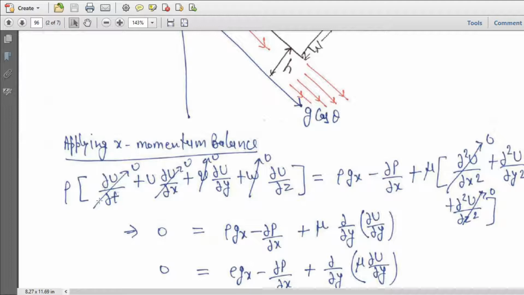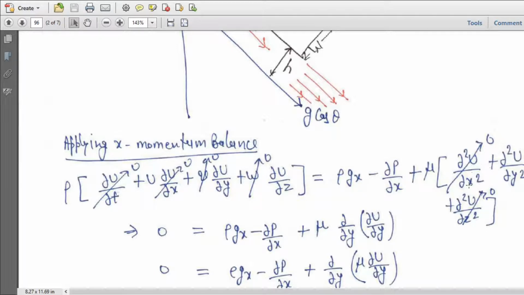Here the time derivative term gets cancelled due to steady state flow. The ∂u/∂x term gets cancelled due to fully developed flow in direction x. v and w get cancelled because there is no flow in directions y and z.